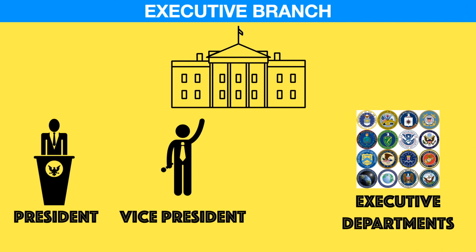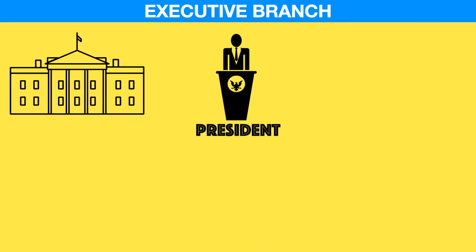All right, in the Constitution, the executive branch is the second branch that is enumerated or listed as far as rules and powers. So in the executive branch, we have the president, the vice president, and their cabinet. These are executive departments. In order to be president, one must be 35 years of age.